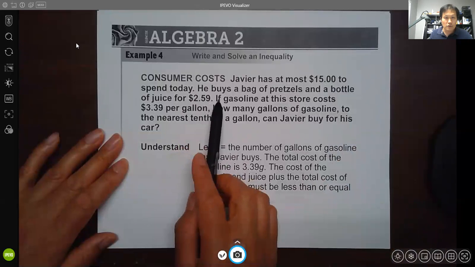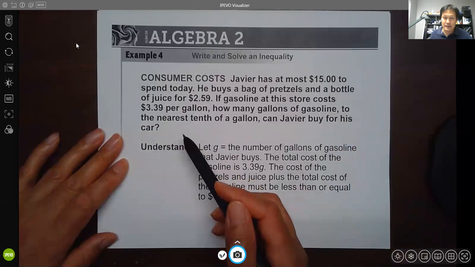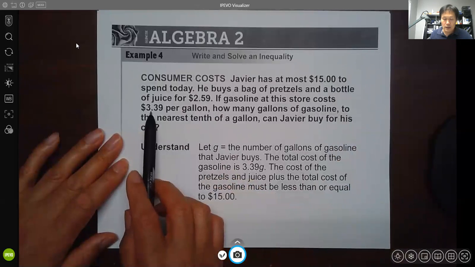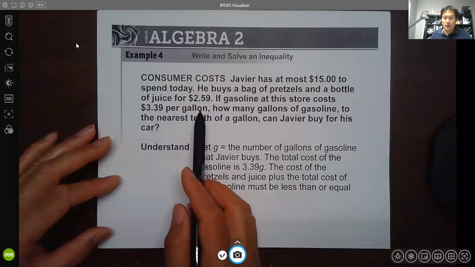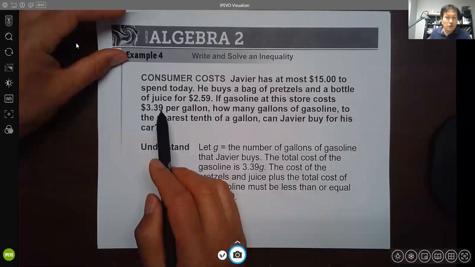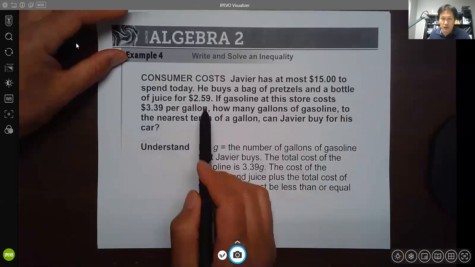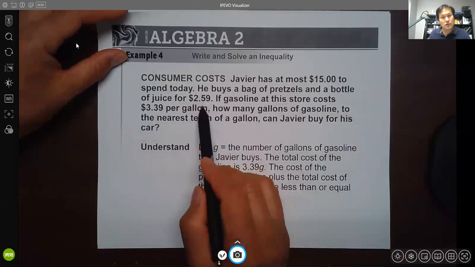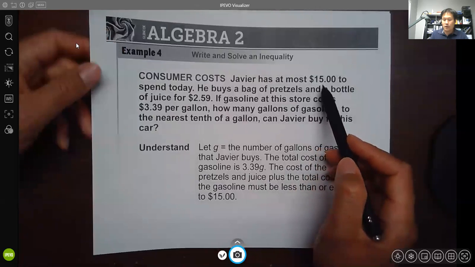He already spent $2.59 and he's going to buy some gas, and gas is $3.39 per gallon. How many gallons? So depending on how many gallons he buys, it will be 3.39 times the number of gallons plus this additional cost, which should be less than or equal to $15.